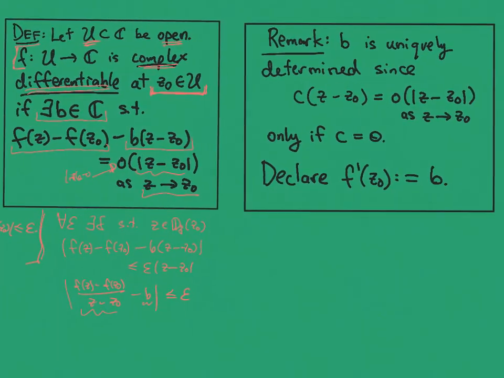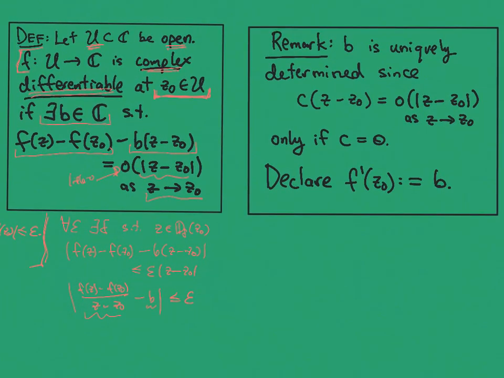Now, what is this b? Well, b here is uniquely determined, since if I had two different possible values for b, I could subtract two sides of this equation. Let's say I had a b and a b prime that satisfied the same equation as here, I would get b minus b prime times z minus z0 is little o of z minus z0. So that's what I'm calling c up above here.